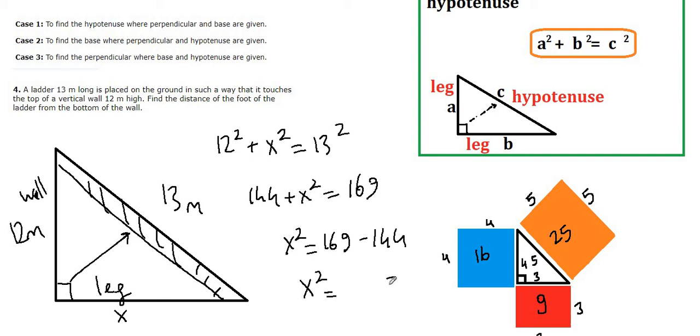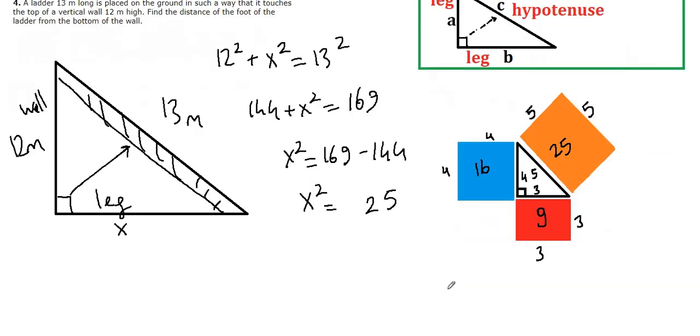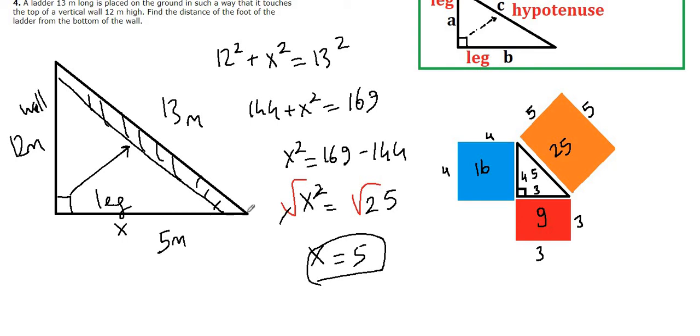So that's going to be 5, 9 minus 4 is 5, 6 minus 4 is 2, 1 minus 1 is 0. So x squared is 25. Then if we take the square root on both sides, we can find x. Then x will be 5. So the leg is 5 meter. I mean, from the bottom of the ladder up to the wall is 5 meter.